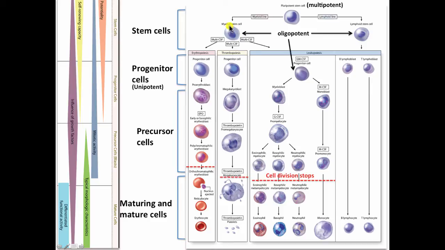And that is true all down the line. As long as the cell is classified as a stem cell, if this myeloid stem cell is asked to produce more erythrocytes, it will divide under the influence of colony stimulating factors, and it will give rise to a progenitor cell and to another copy of itself.